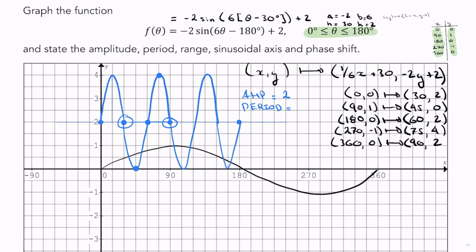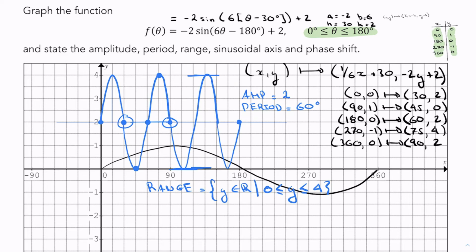That goes from 30 to 90, so that's going to be 60 degrees. The range is all y values such that 0 is less than or equal to y, because that's the lowest point down here, and the highest point is going to be less than or equal to 4.